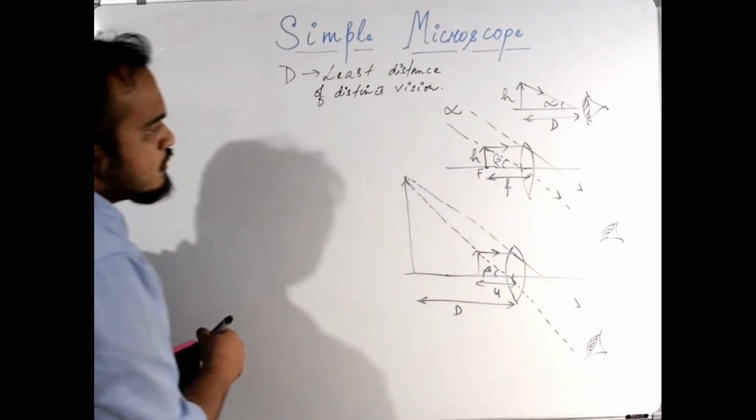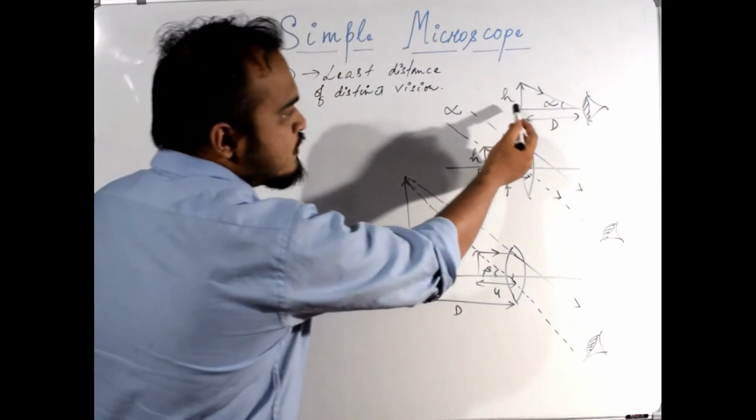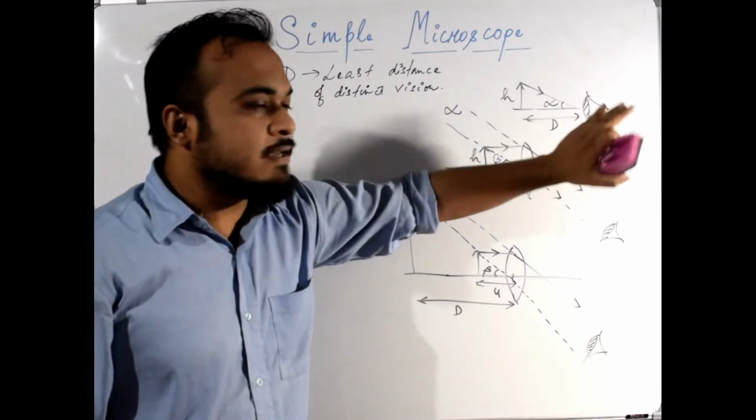At first we have kept the object and seen it with our naked eye. This object is making an angle alpha with the naked eye.